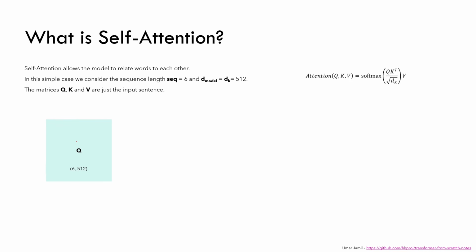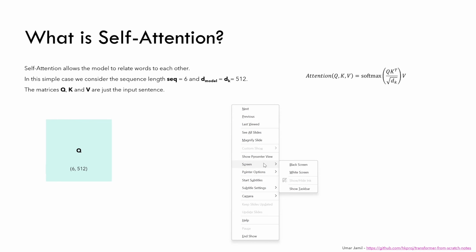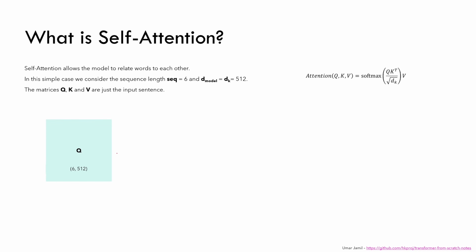So we can think of it as having 6 rows, and each of these rows is a vector of dimension 512 that represents the embedding of that token.